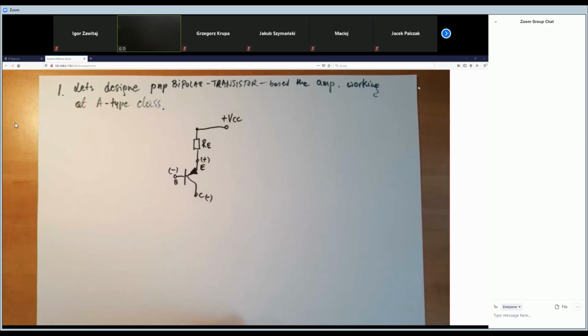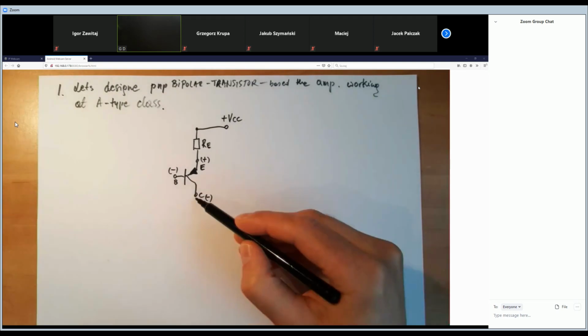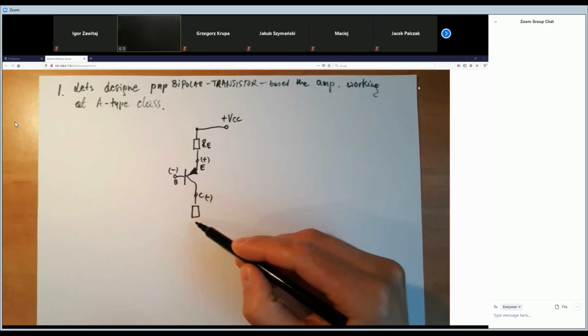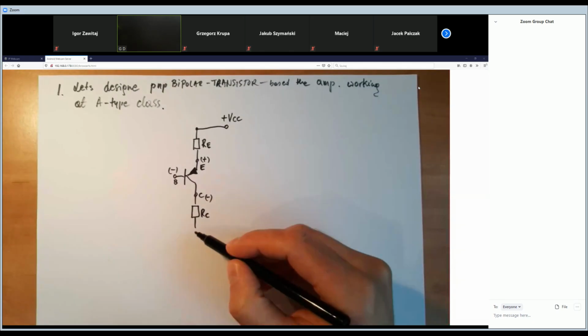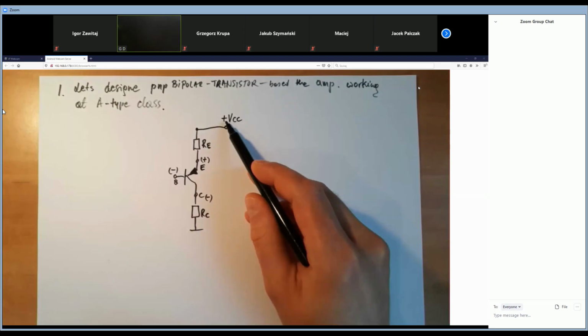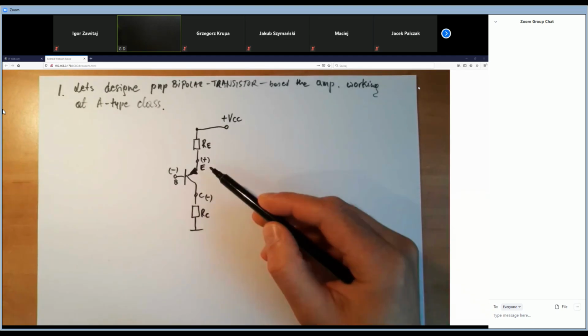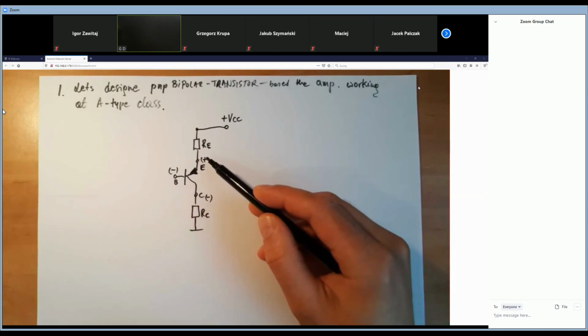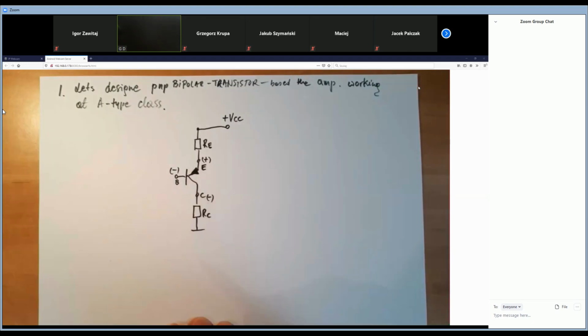Okay, we've got the collector. As you remember, in the collector we have to put the RC resistor, and the other end goes to the ground. So the positive potential is here, the ground is here. As you see, the emitter will have a higher potential than the collector. What about the base?